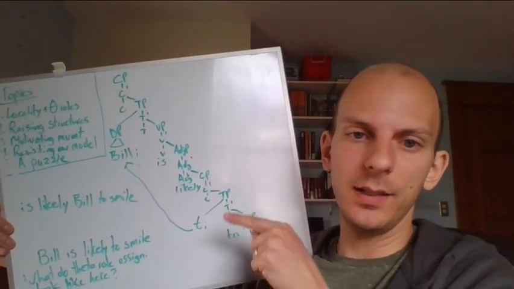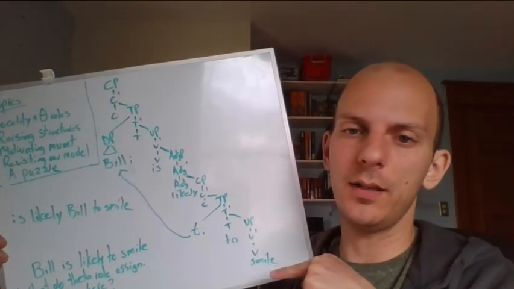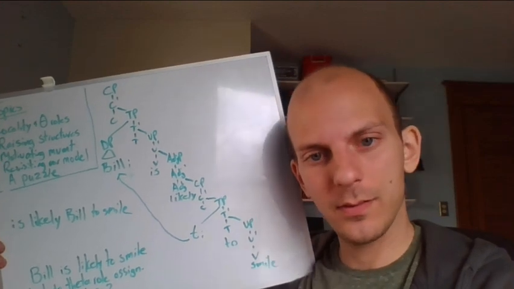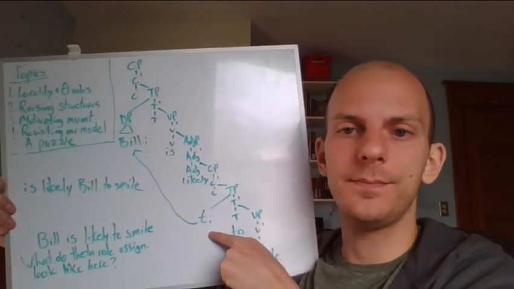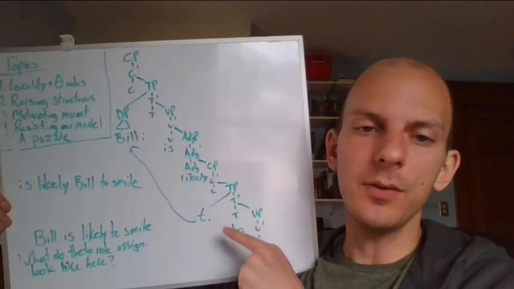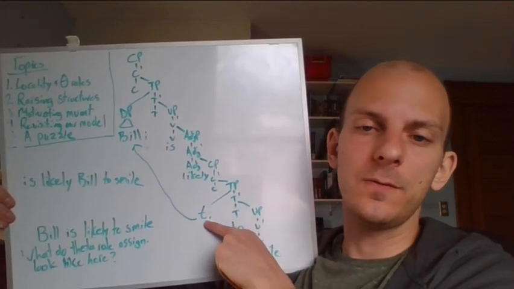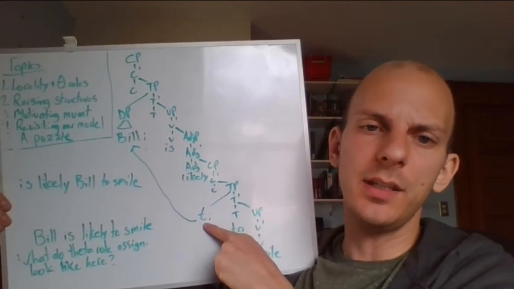It's not an overt word. You don't pronounce that. We don't pronounce this sentence, Bill is likely, trace, to smile. Okay, it's not pronounced. It's not overt, right? Overt means it's pronounced, right? It's not an overt thing, but there is still something here.